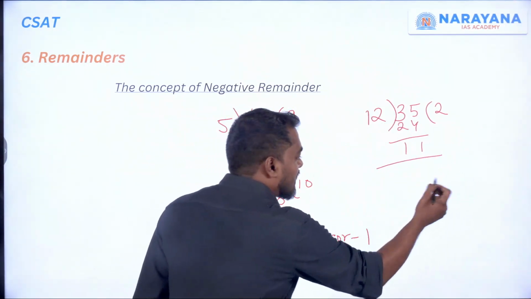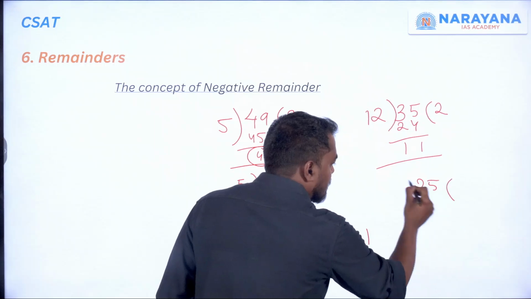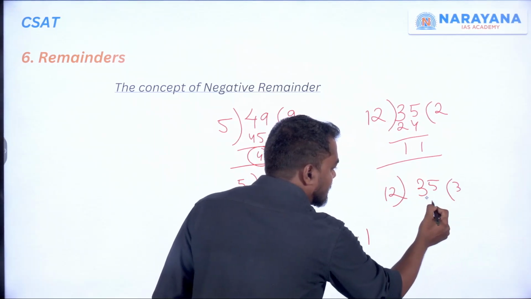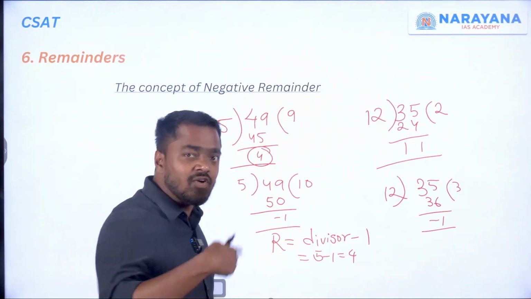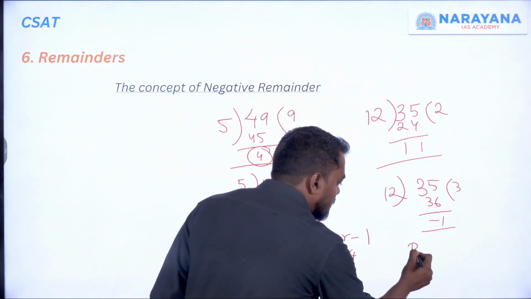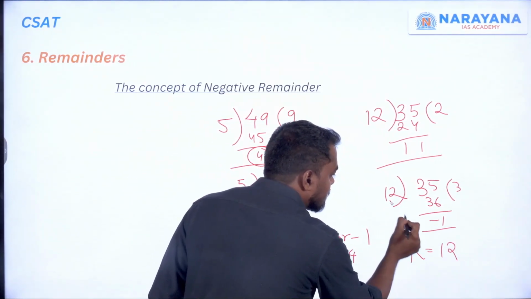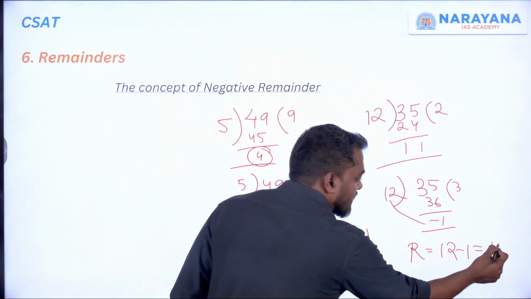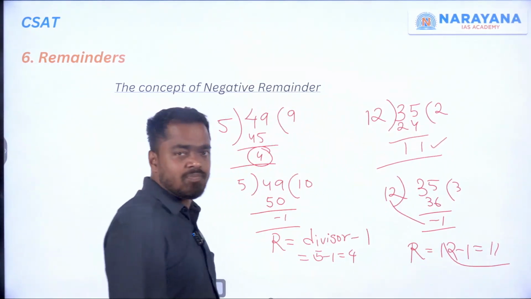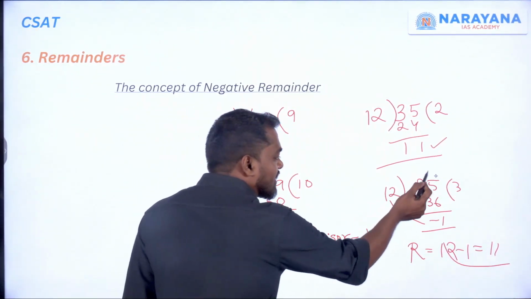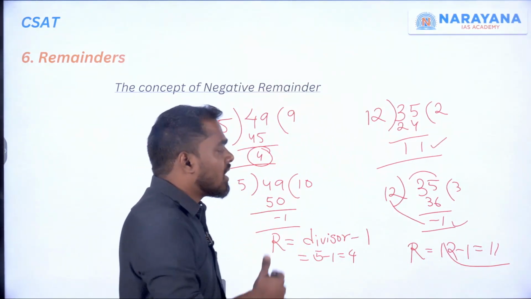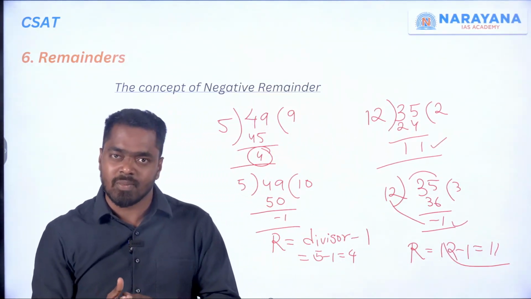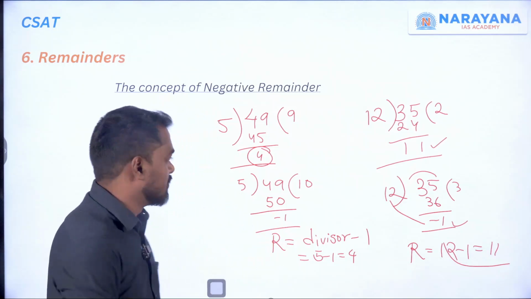If you go one step ahead, 12 3s are 36. You are getting a remainder of minus 1. If you want to get the actual remainder, take the divisor and do minus 1. You are getting the same again. But the kind of calculation that you are doing here is comparatively simple. I will show you how to use this negative remainder while solving problems also.